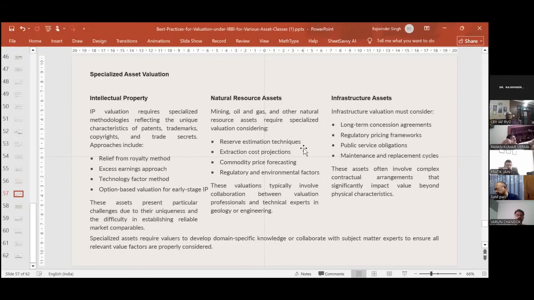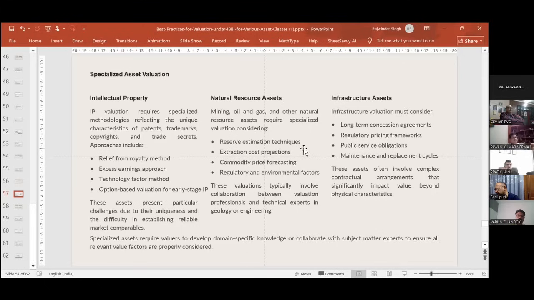Then in the case of natural resources assets, such as mining, oil and gas, and other natural resources, these assets require specialized evaluation considering reserve estimation techniques, extraction cost projections, commodity price forecasting, and regulatory and environmental factors.